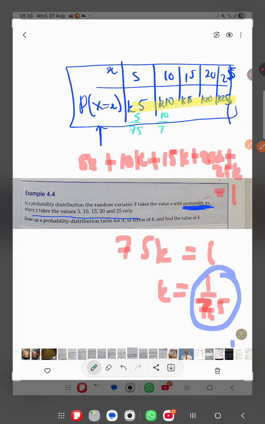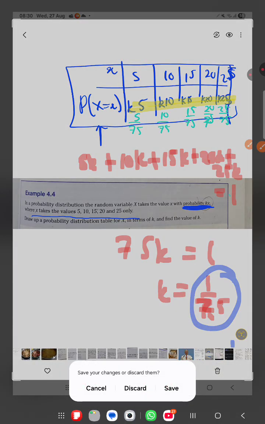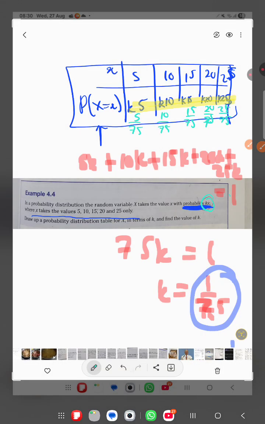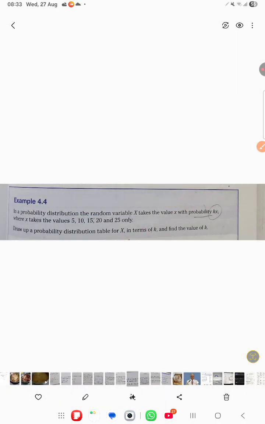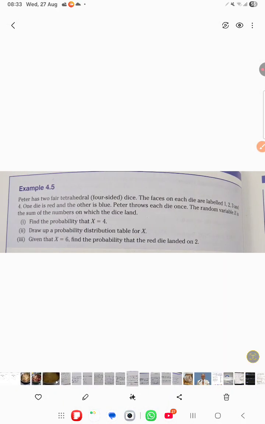This would be 10 over 75, 15 over 75 for that probability, 20 over 75, and 25 over 75. I hope that makes sense. That's how you'd attempt that question. So remember, probability is kx. It just means k times x, and x is 5, so k times 5, for example. X is 10, k times 10, etc. Not deep, quite literal. All right, next one.